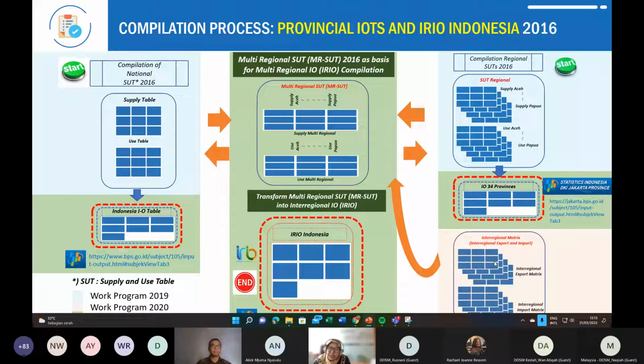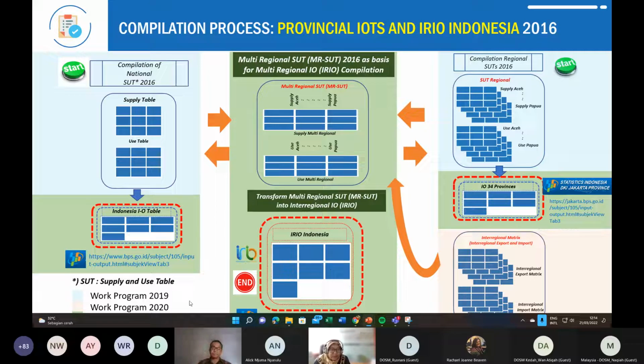So from this interregional export and import matrix, we use it into the system of multi-regional SUT, and then we do the balancing process in the MR-SUT dimension, and after MR-SUT is balanced, we transform the multi-regional SUT into interregional IO tables or IRIO tables.